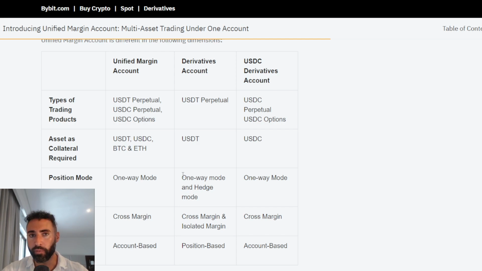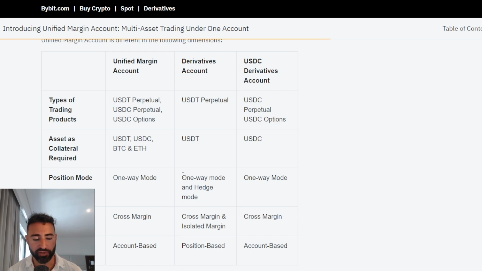Position mode, one-way mode. So what does that mean? That means that any open position that you have, let's say you're long one Bitcoin and then you short one Bitcoin, you will have no position anymore. The new position that you're opening offsets the old one. That is opposed to two-way position mode, which honestly I've never used myself, and I don't know anyone who does use it.